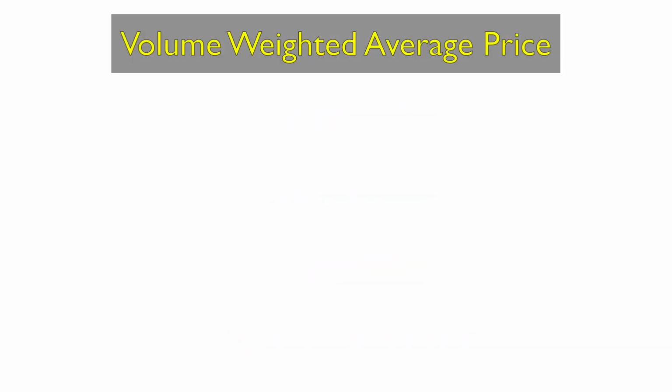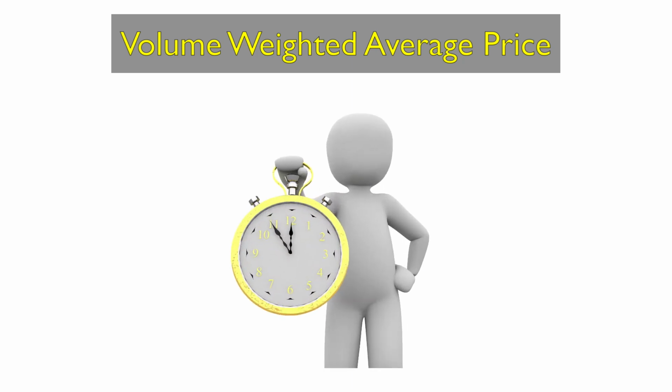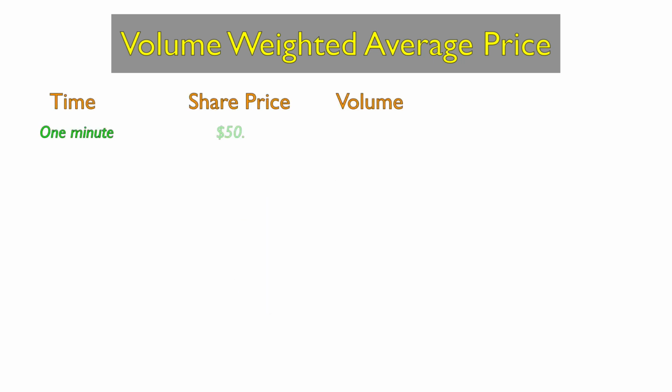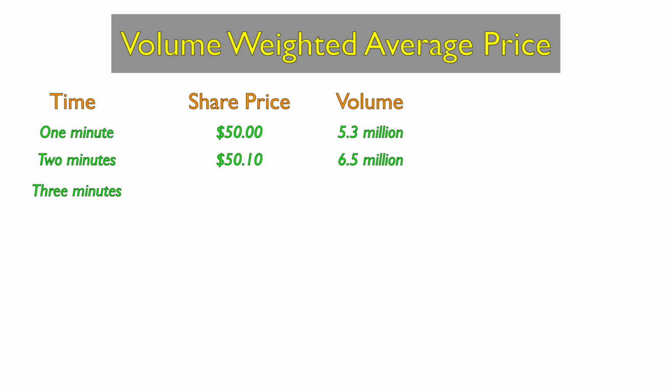In order to explain how this is derived, let's take a simple example which will clarify this for you. I've chosen some simple numbers here, based on the first 5 minutes of a session with the following price and volume data. 1 minute, price $50, volume 5.3 million. 2 minutes, price $50.10, volume 6.5 million. 3 minutes, price $50.25 and a volume of 14 million. 4 minutes, the price is $49.80 and the volume is 16.9 million.